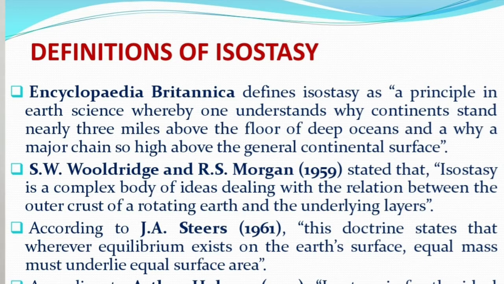S.W. Aldrich and R.S. Morgan stated that isostasy is a complex body of ideas dealing with the relation between the outer crust of a rotating earth and underlying layers. According to J.S. Steers, this doctrine states that wherever equilibrium exists on the surface of the earth, equal mass must underlie equal surface area.